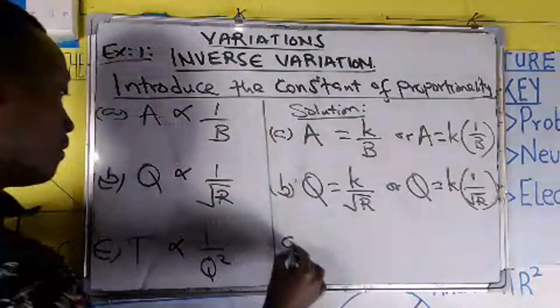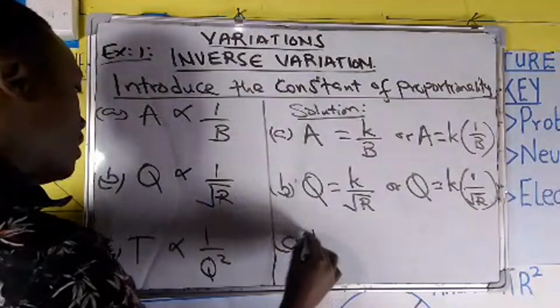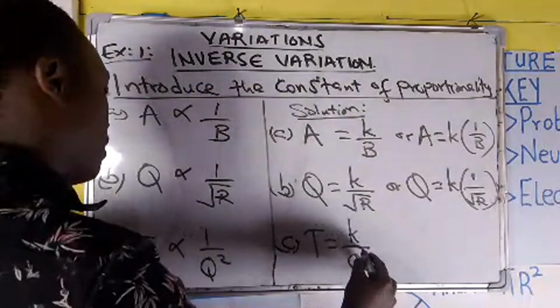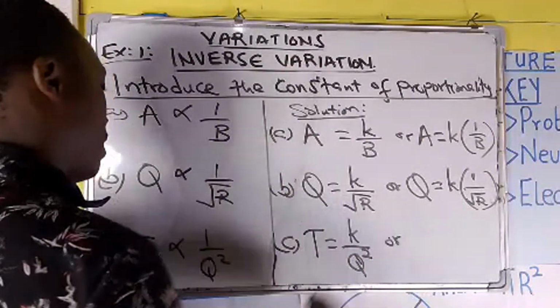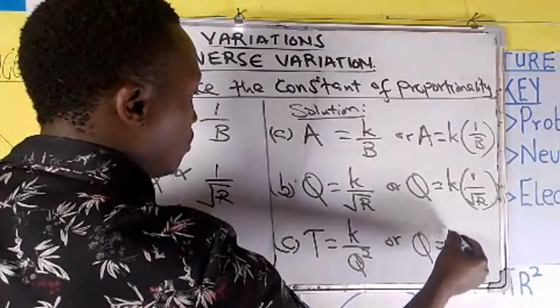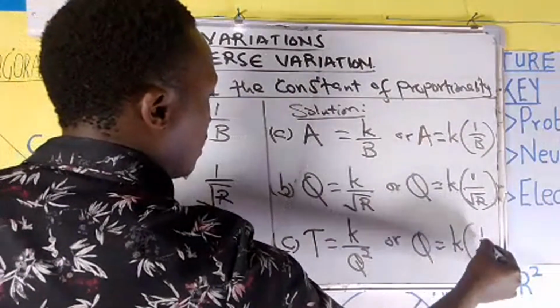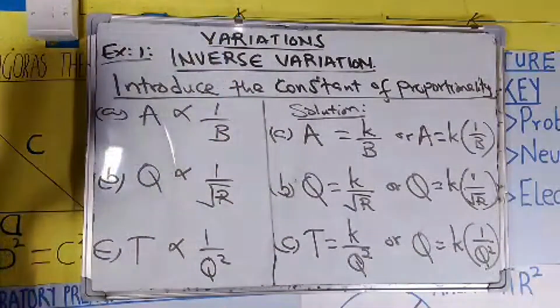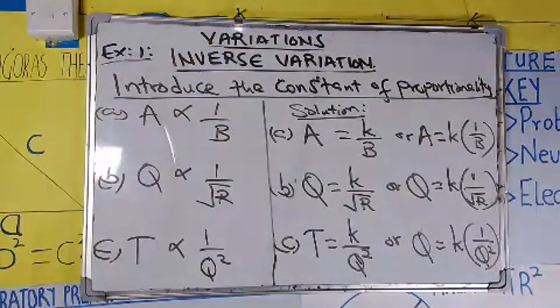Then C, T is equals to K over Q squared, which can also be T is equals to K into bracket 1 over Q squared.